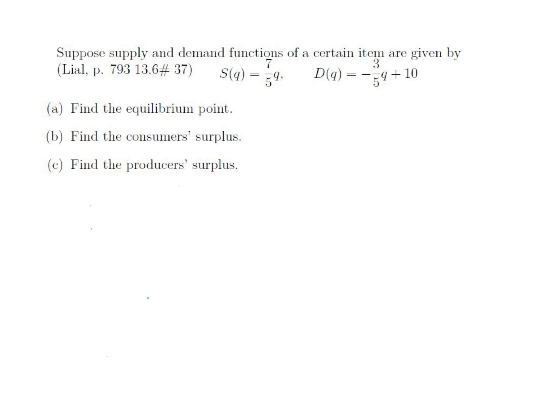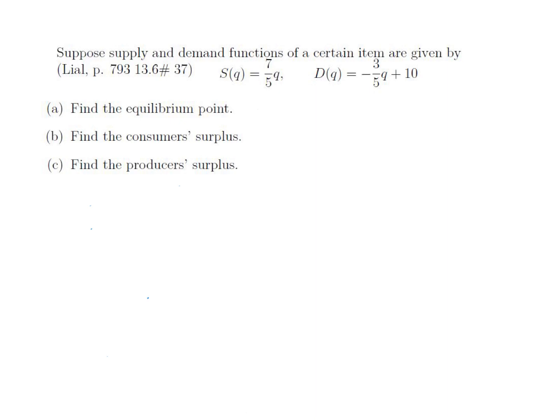Okay, so suppose the supply and demand functions of a certain item are given by these two functions. We have S at Q is equal to 7/5 Q, and D at Q is equal to minus 3/5 Q plus 10.